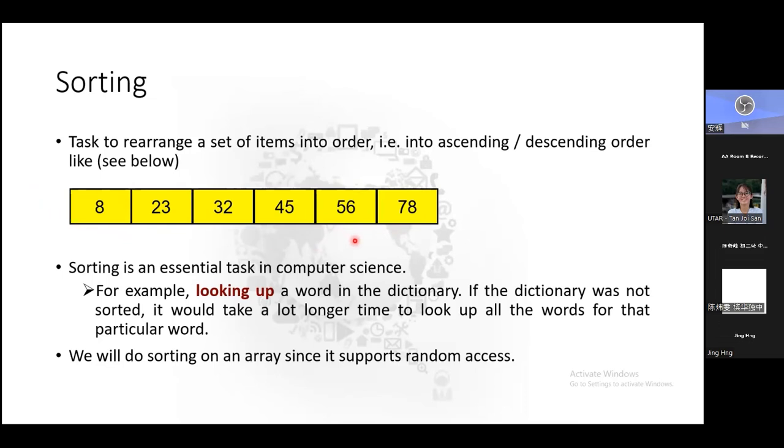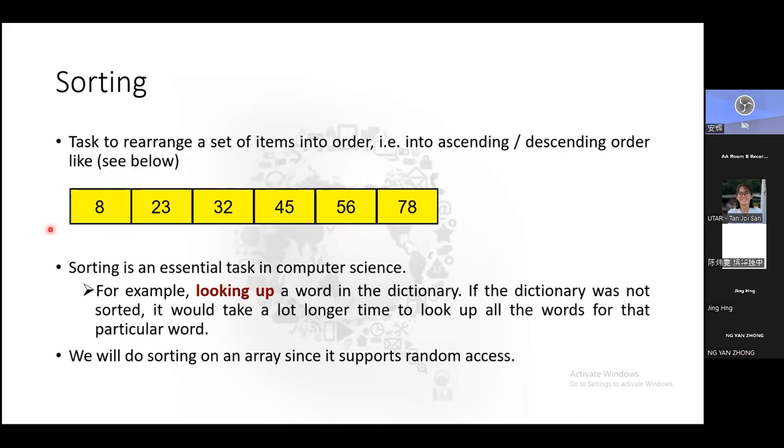If some of you know about arrays, every array has a value inside each of the columns. We are trying to arrange it in ascending order. Ascending order means from the smallest to the largest, while descending order means from the largest to the smallest.